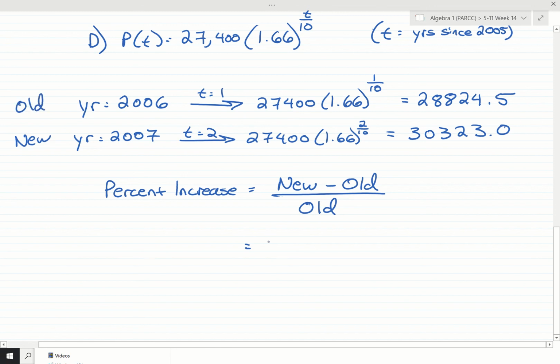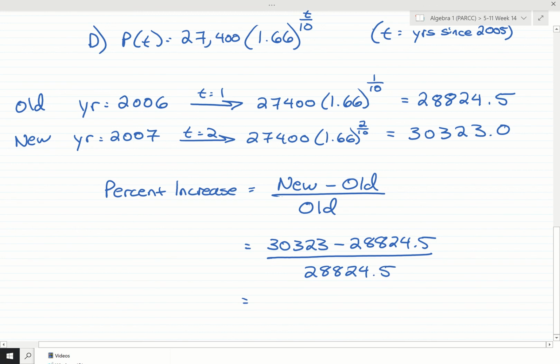The new population would be 30,323 minus the old 28,824.5. We're going to divide that by the old. Now let's see what that is. 30,323 minus 28,824.5 divided by 28,824.5.